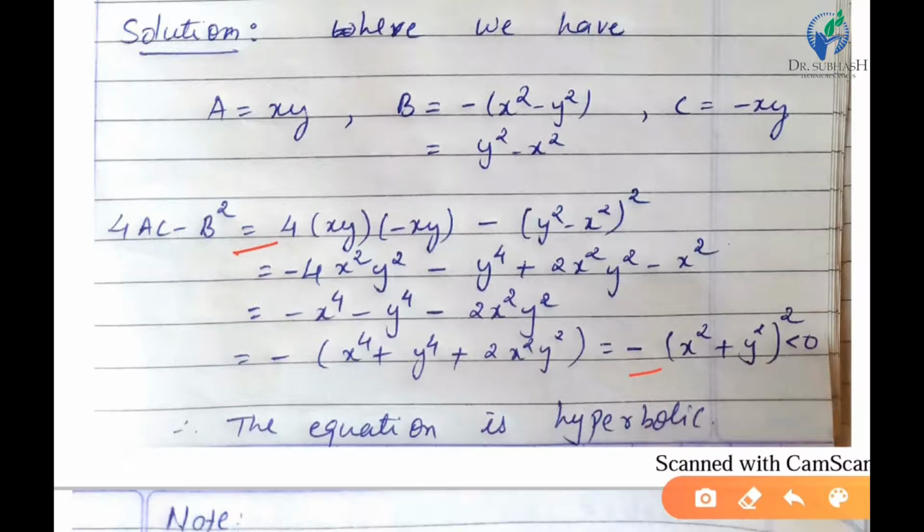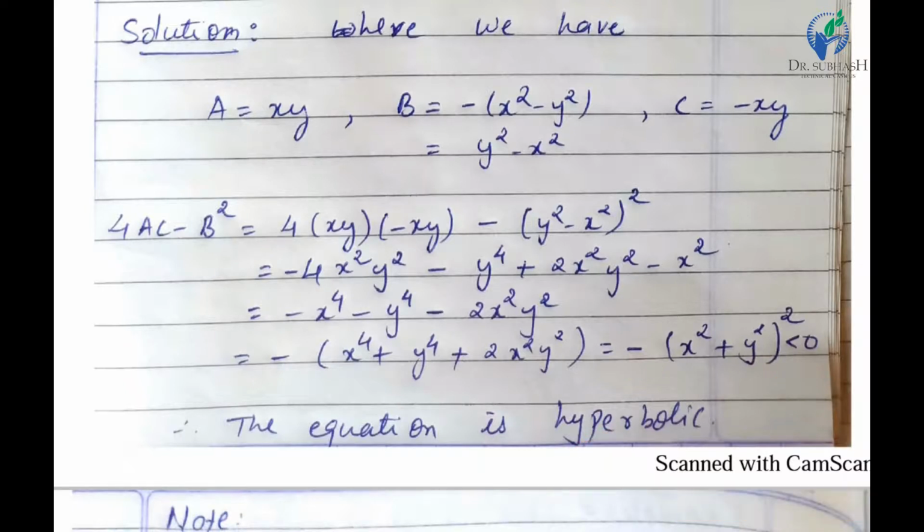Now the value of x square plus y square whole square is positive, but the negative sign beside it indicates that the whole value will be negative, which is less than 0. So again, according to our condition, 4ac minus b square is less than 0. Therefore, the given equation is hyperbolic.